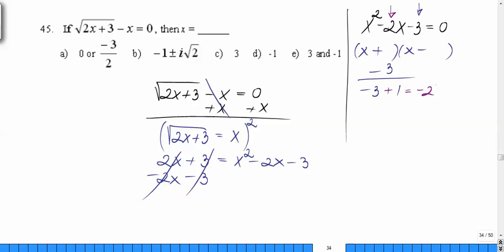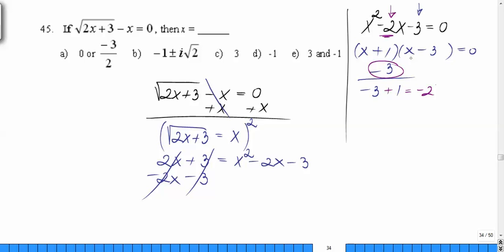Is that so? Yes, indeed. So the factors of negative 3 and 1, if you add them up, should give you the coefficient of your middle term, which is negative 2 in this case. And this is the answer to the problem of factorization, or factoring this trinomial. I have x plus 1 times x minus 3 equals 0.